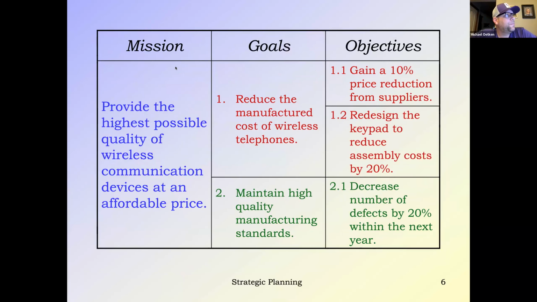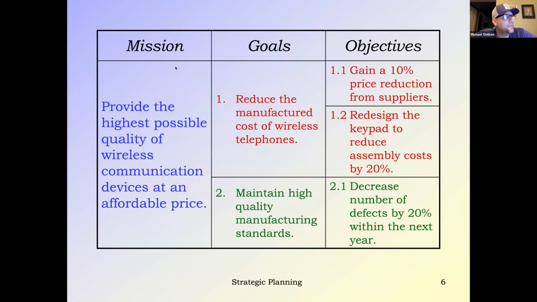So here's an example. This organization, their mission is to provide the highest possible quality of wireless communication devices at an affordable price. So that's kind of their mission. So what are their goals? The first one would be to reduce the manufacturing costs of the phones.